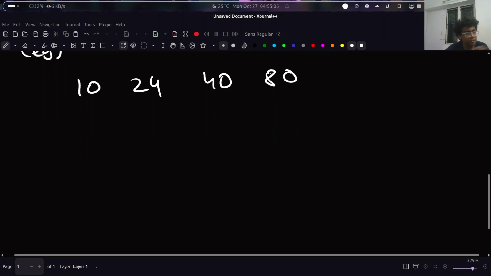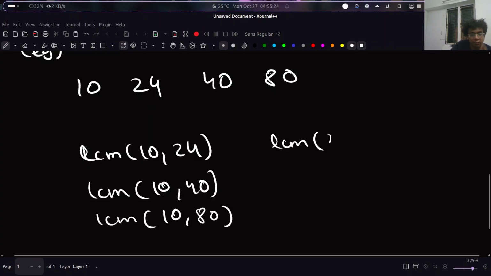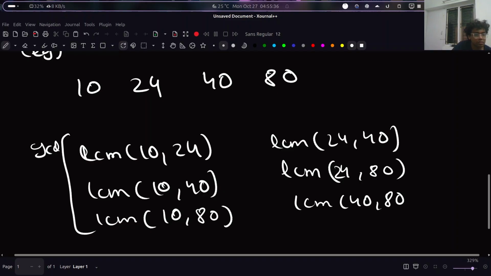So the pairwise LCMs are going to be something like LCM of 10 and 24, LCM of 10 and 40, LCM of 10 and 80, LCM of 24 and 40, LCM of 24 and 80, LCM of 40 and 80. Okay, and then we're going to take GCD of all of these, and this is the answer we need to calculate.